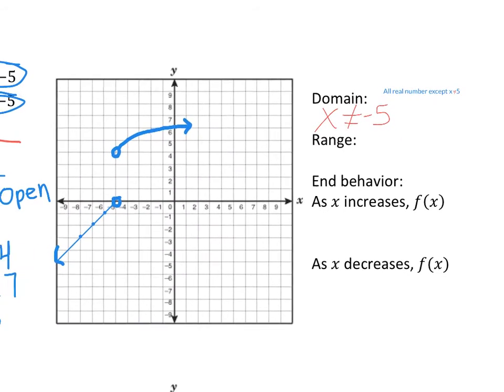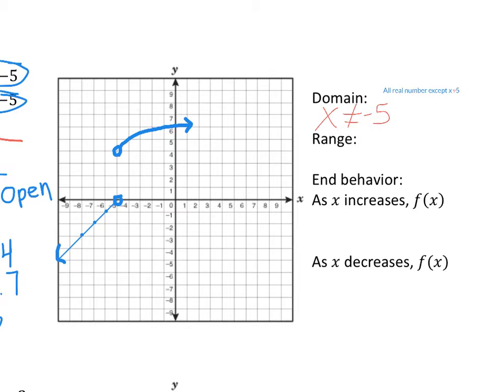Our range, well, it looks like my graph here is definitely going on forever in the negative direction, and it appears to be going on forever in the positive direction. So my range in this case is actually all real numbers. Oh, actually it's not. I take that back.